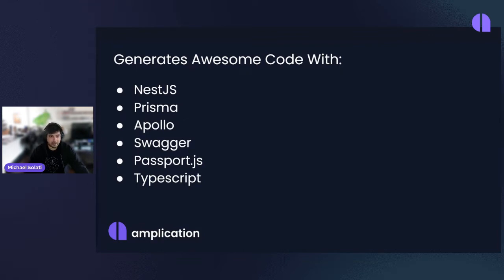We use Swagger to visualize, document, and test your REST APIs. We use Passport.js to handle authentication securely. And everything is generated in TypeScript, so you have a type-safe environment and code base.